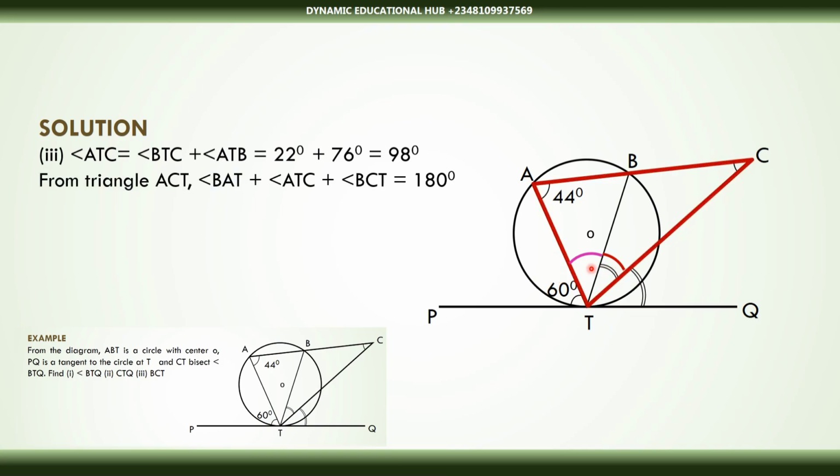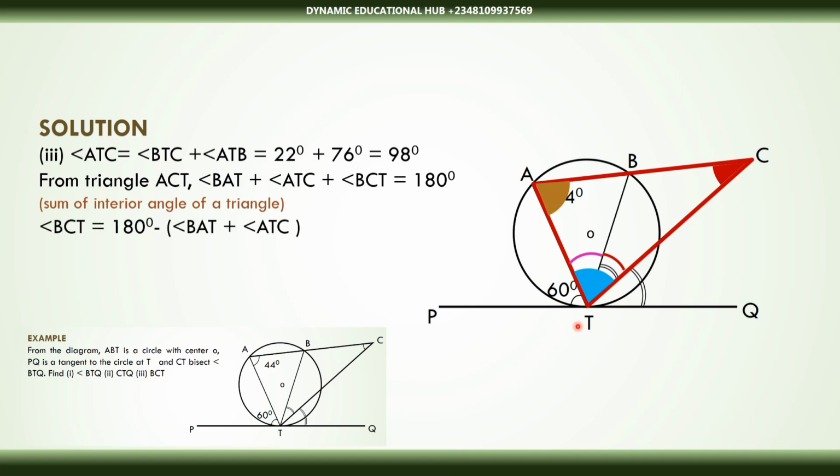Now we have triangle ACT. This triangle ACT has shown BAT plus ATC plus BCT will give us 180, the sum of the interior angles of a triangle. So this is angle BAT. When you add it with ATC over here, and when we add it with BCT, we are going to get 180 degrees.